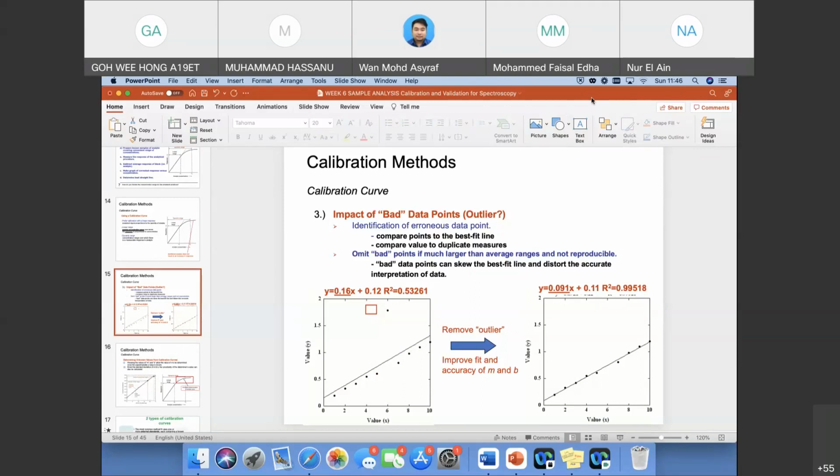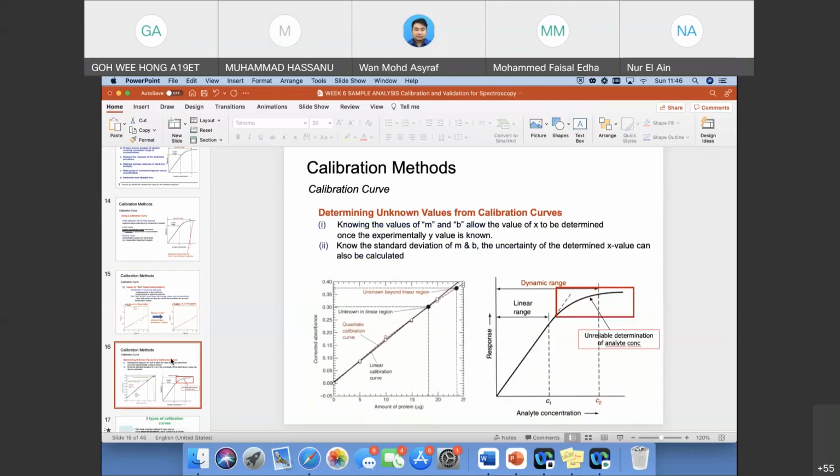Okay, Doctor. Alright. So, determining the unknown values from the calibration curve, as I mentioned before, knowing the slope and the y-intercept will allow the value of x to be determined once the experimental y value is known.